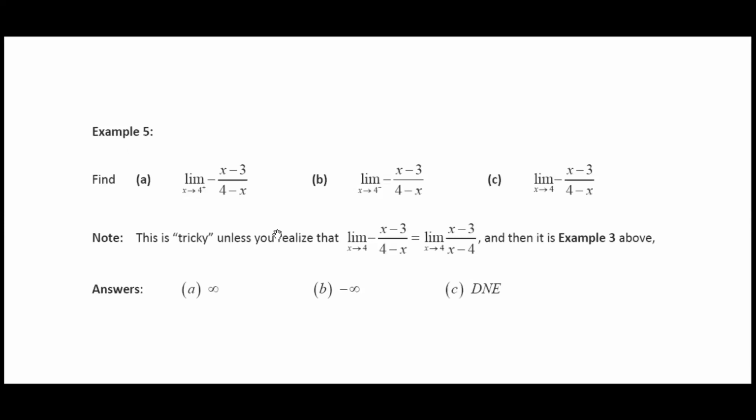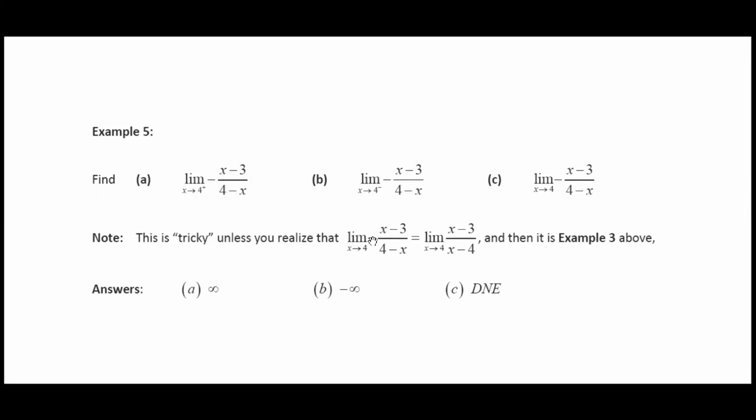Now, number 5 here looks like a much harder problem. And as it stands, it's an A-level problem, I guess. This one's going to be harder to do in our heads, and I'm not looking forward to it. But wait a minute. Look at this. Minus x minus 3 over 4 minus x.